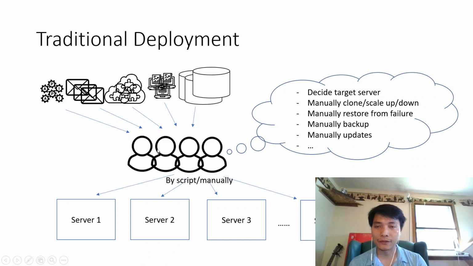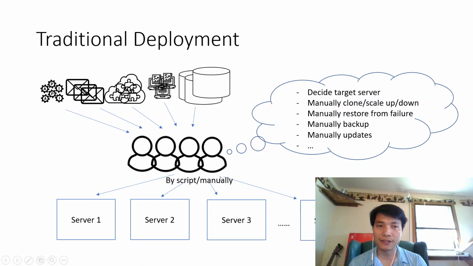So DevOps will decide the target server which will host which unit: the database here, staging here, processors here and here and here. DevOps has to decide, by script or manually.